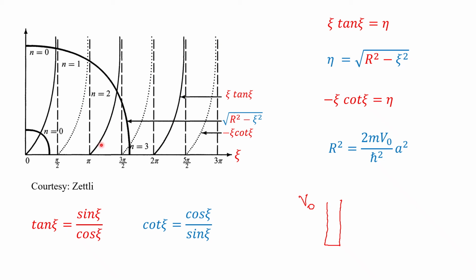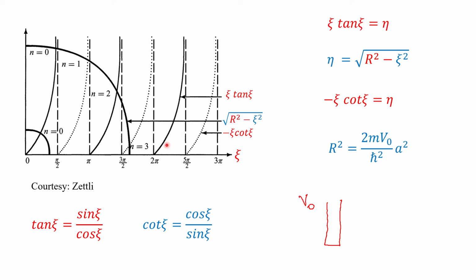When sine pi is equal to 0, cot goes to infinity. It starts from pi by 2 and goes to infinity when it reaches pi, 2 pi and 3 pi.